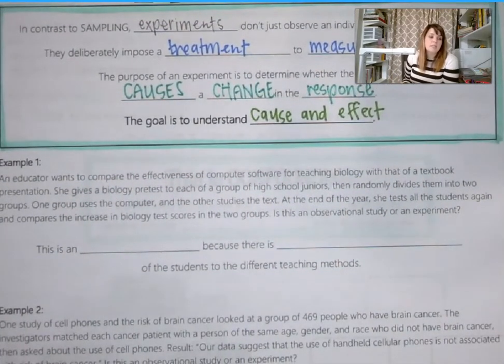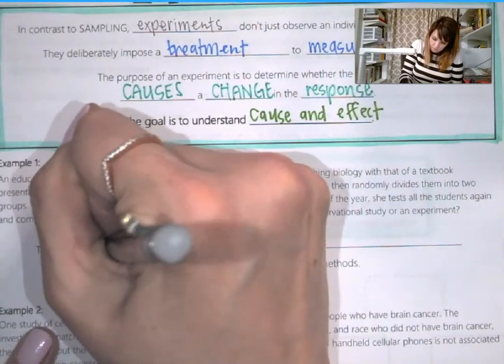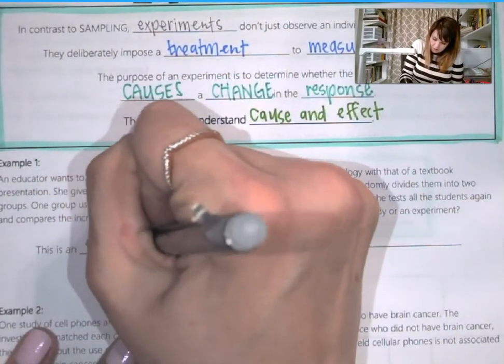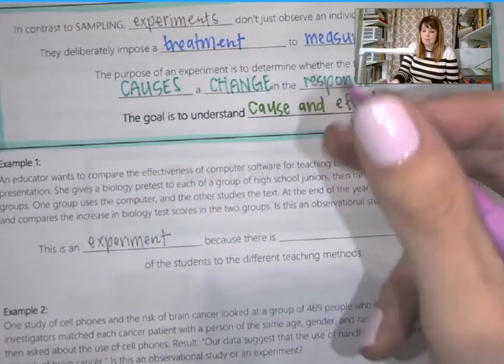One thing to keep in mind is that when we are dealing with an observational study, we a lot of the times can do that without our individuals, our people in our sample, even knowing that we're doing it. In this case, that is not possible because the teacher randomly divides them into the 2 groups. So this is an experiment because there is random assignment.